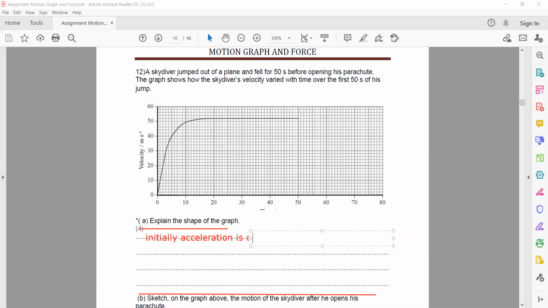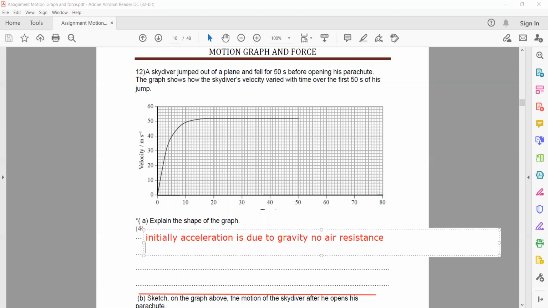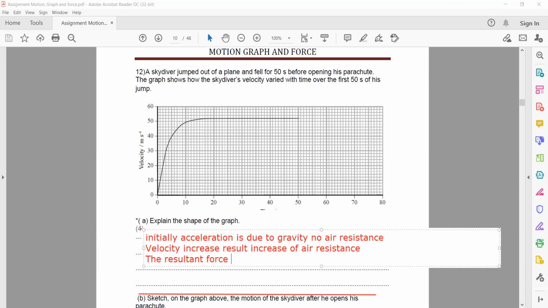But then what happens as the velocity increases, because it is accelerating, so velocity increase results in increase in air resistance or drag. The resultant force decreases because the drag is opposing the motion, so resultant force decreases, which reduces the acceleration.